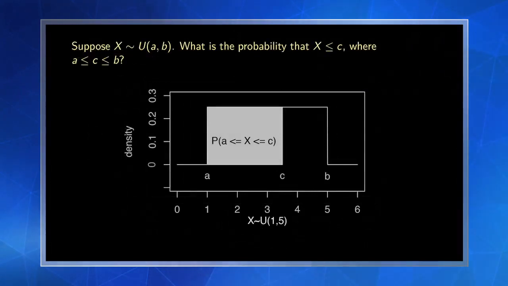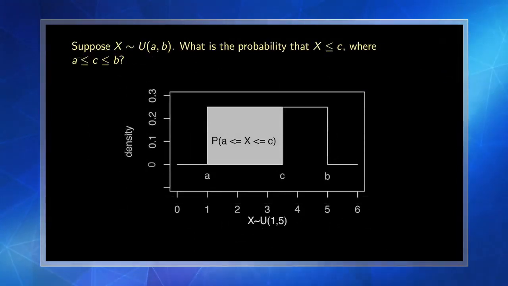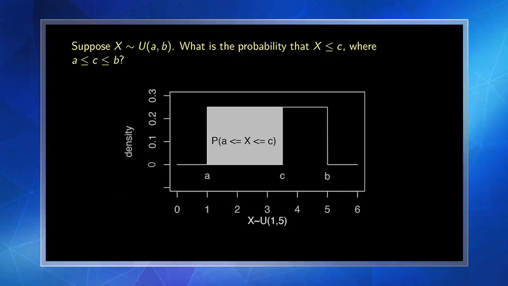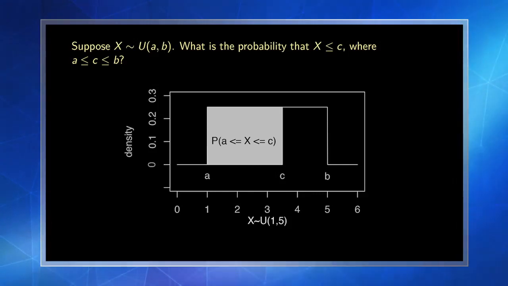Now suppose x is uniform on the interval from a to b. What's the probability that x is less than or equal to c, where c is some number that lives between a and b? Well, in this case, we're looking at the area of the curve between c and a.